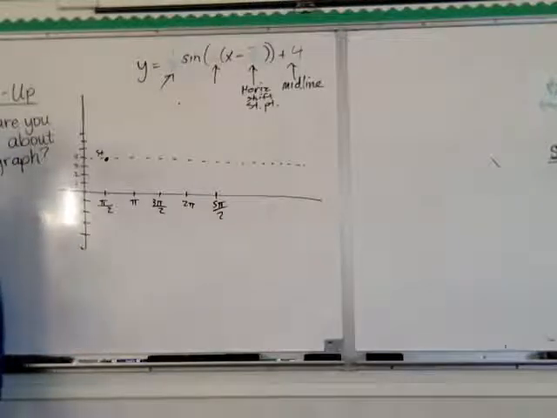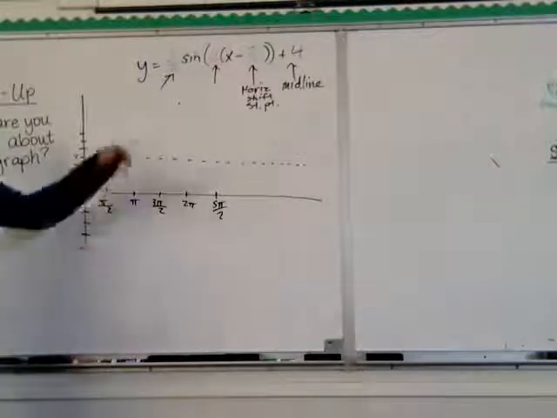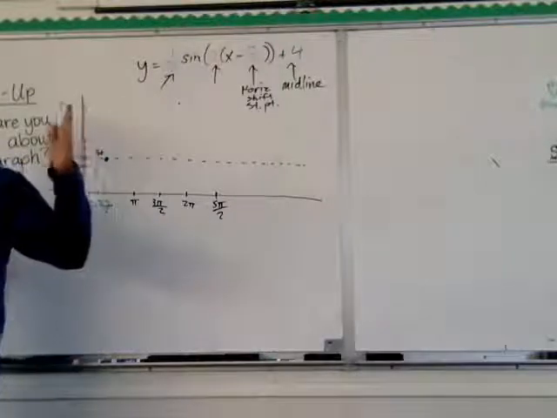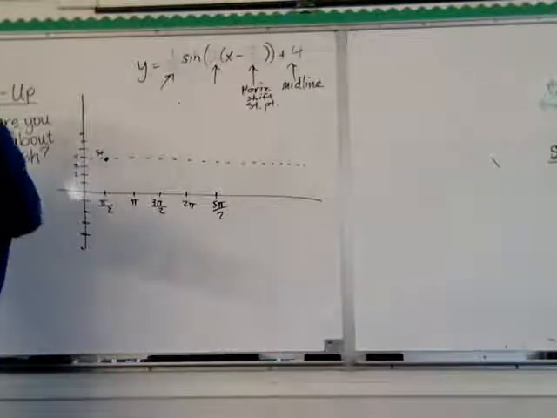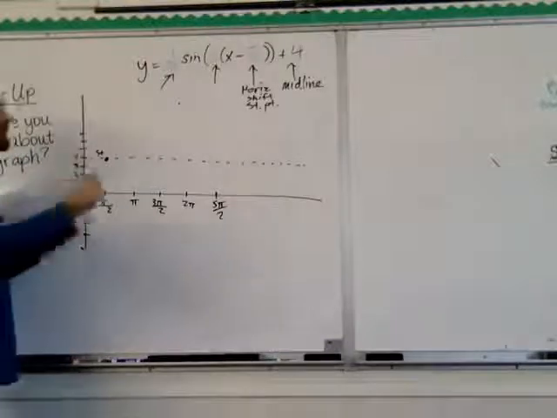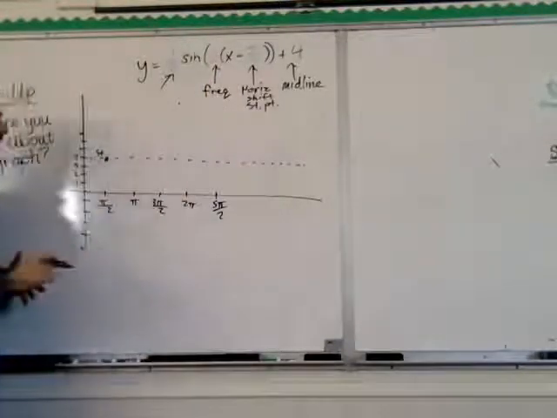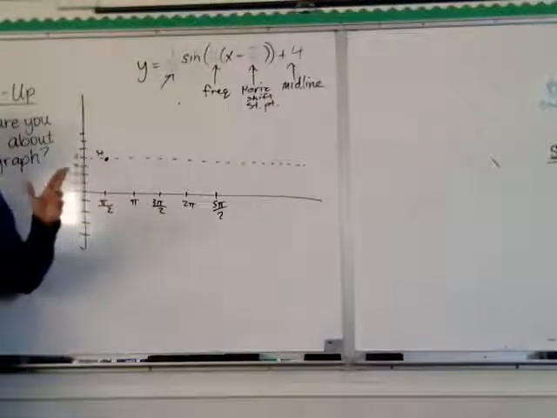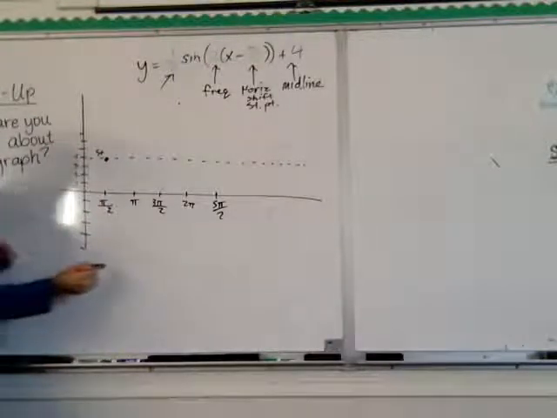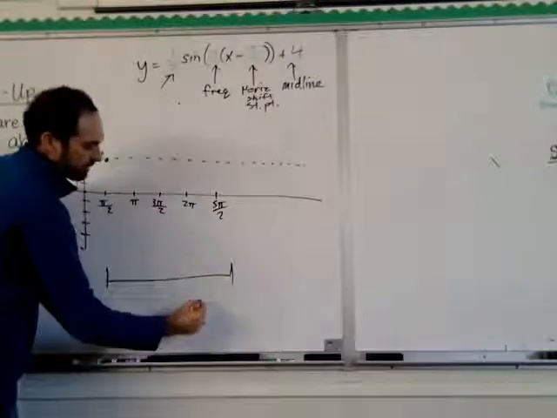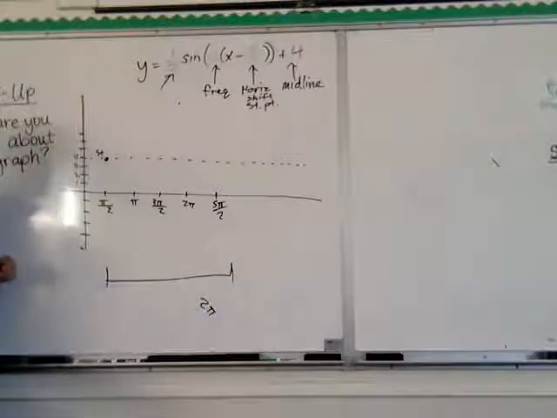Let's see, what is the frequency? How many times does the cycle repeat itself between 0 and 2 pi? 2. So this is our frequency. And what I'll say about that is, this is really a distance of 2 pi because it's been shifted over, right?